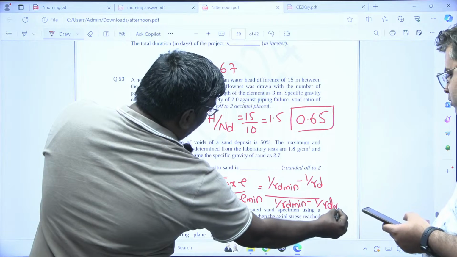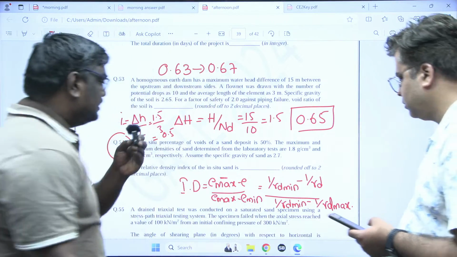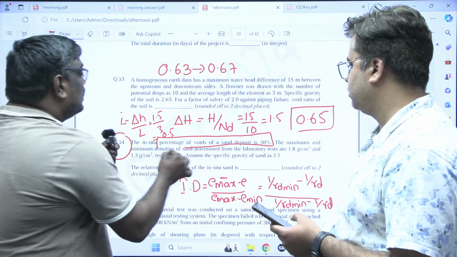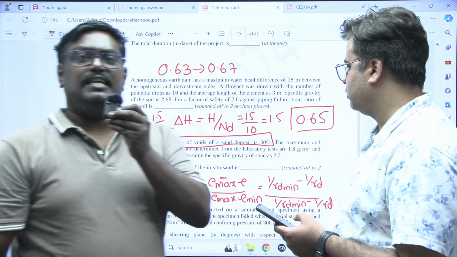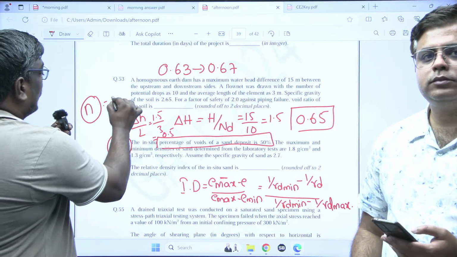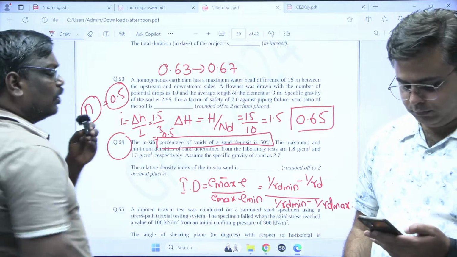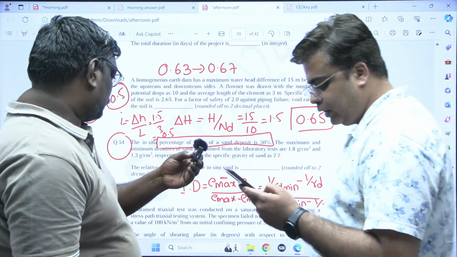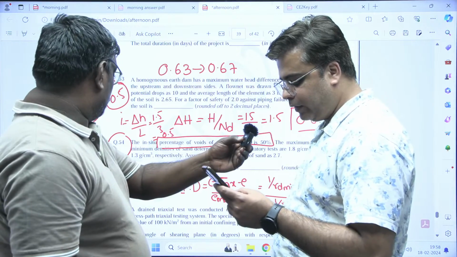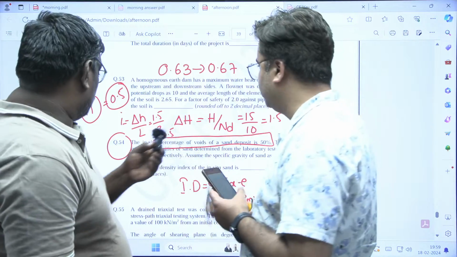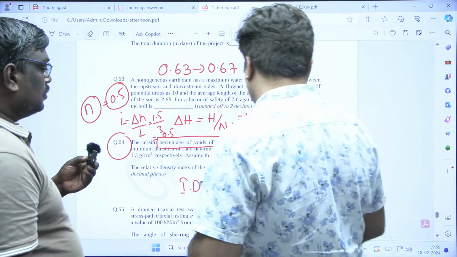And some of the students who have made the mistake have not identified this. Here they have given percentage of voids. That means they have given the porosity as 0.5. Okay, so for question number 54, the answer is 0.12 to 0.14. They have given the range, sir, 0.12 to 0.14.